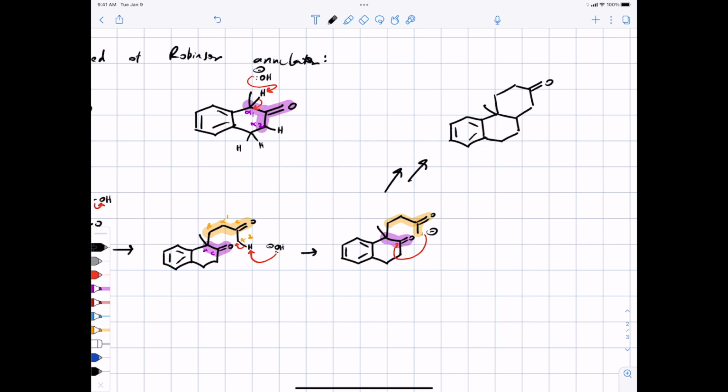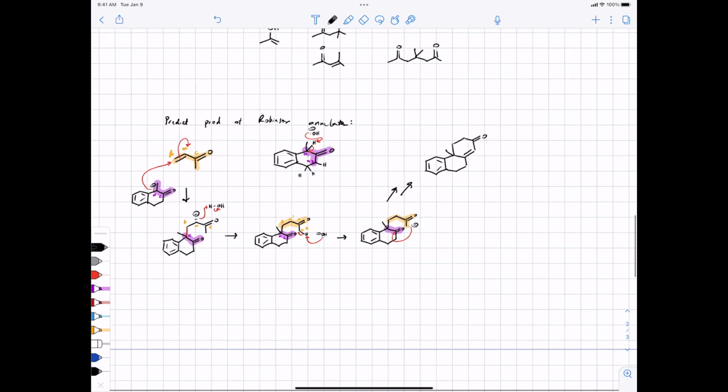After that aldol, this would have been a hydroxy group, right? And then we'll do the E1CB elimination to get that product. All right, so that's predicting the product of the Robinson annulation. Yeah, questions?